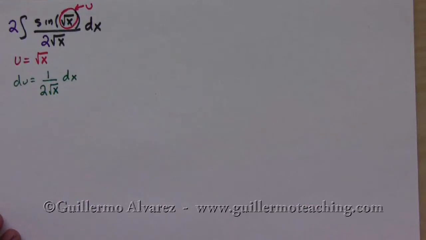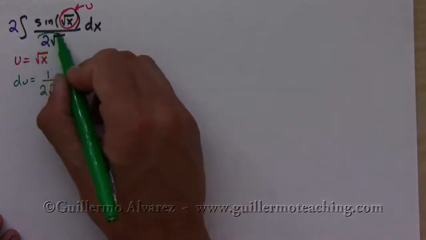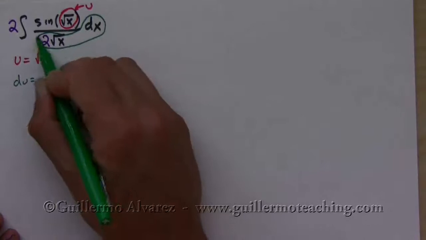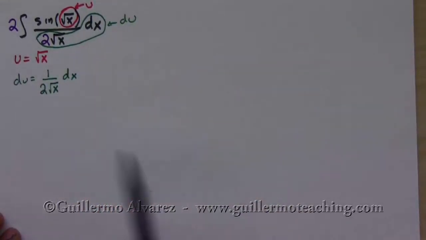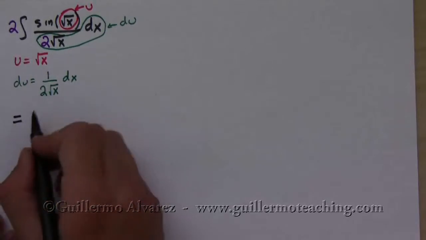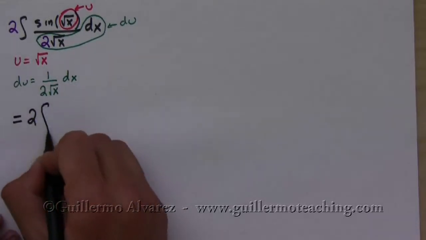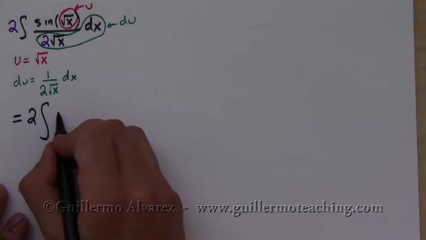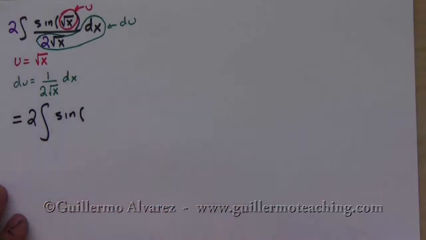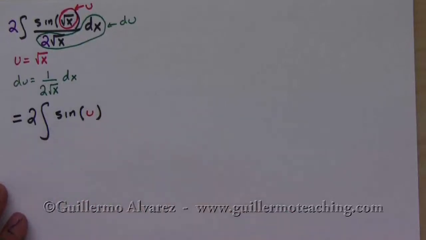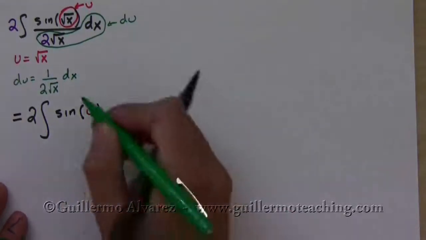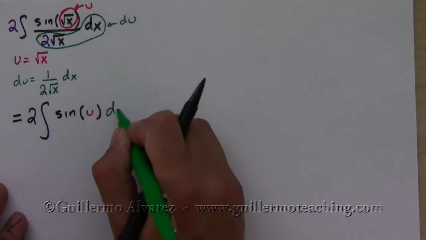Okay, so here what we have then is, this is going to be du, and this problem all of a sudden becomes solvable, because what I'm going to have is 2 times the integral of sine of u, times all this is going to be du.